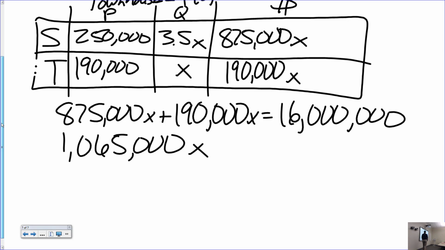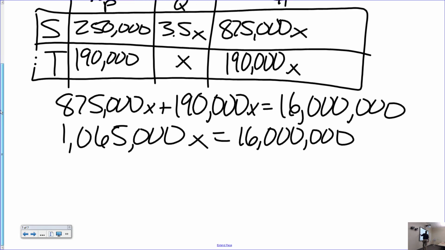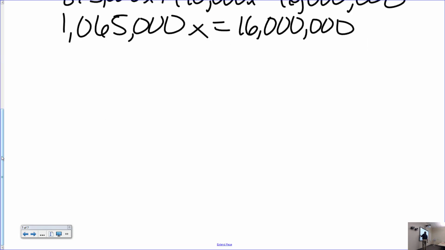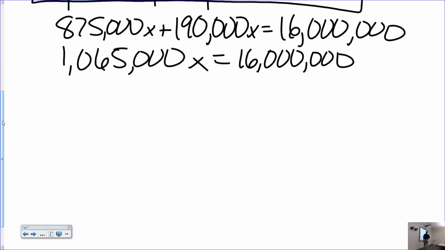So 1,065,000x. You got to add it up, right? Is 16 million. What are you going to do to get x by itself? Divide by your 1,065,000, which is something you do every day, right?